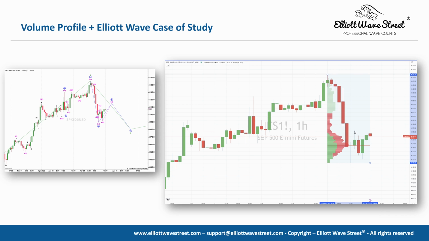But if that's our bias, the way to apply this tool will be by looking for the rejection right here, as far as possible from the point of control, because that's the fair price. If you didn't sell above the point of control, and let's say that tomorrow the price is here, and you say, oh, I don't want to miss the trade, I'm going to sell here, you are too late.